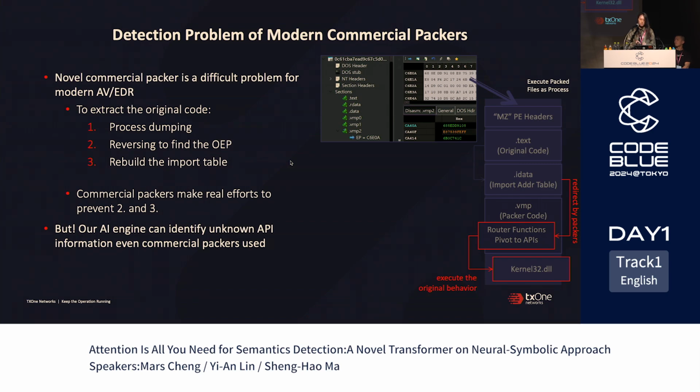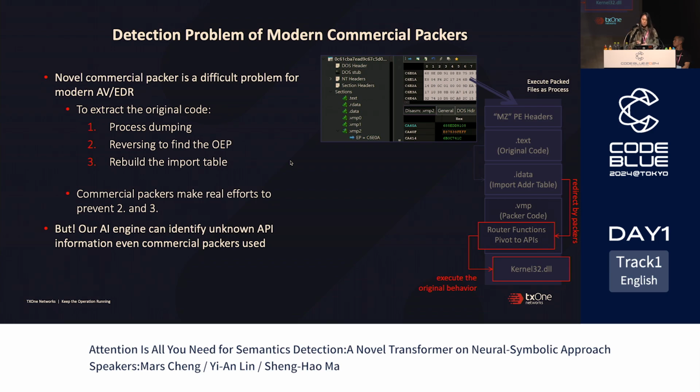After dumping the memory layout, we need to locate the original entry function to access the rest of the original program. This step is essential for identifying the range of the import address fields used by the .text code. And the final step is to rebuild the import table.